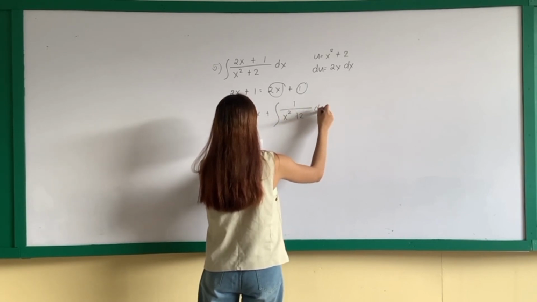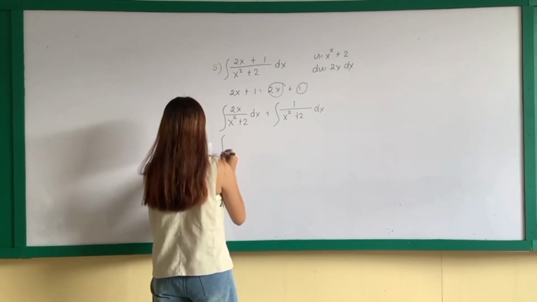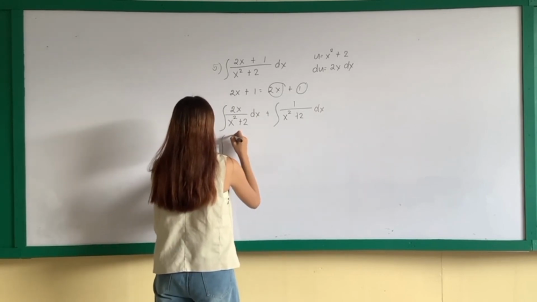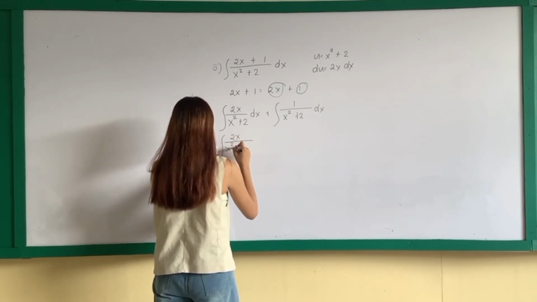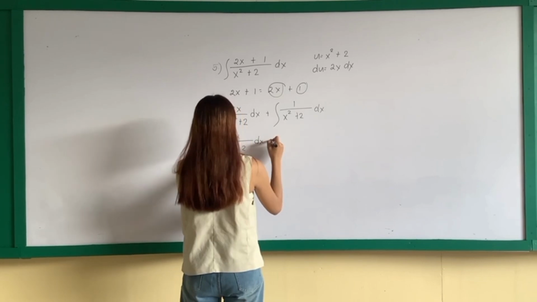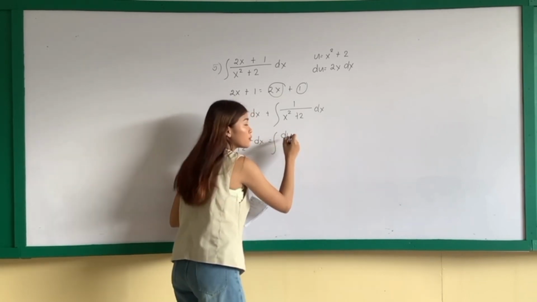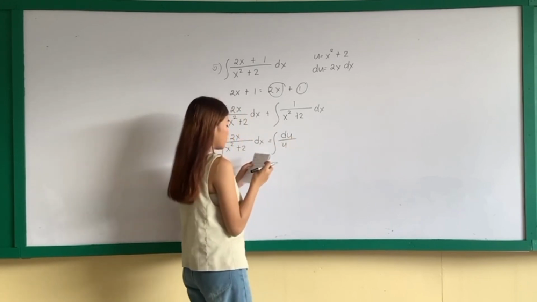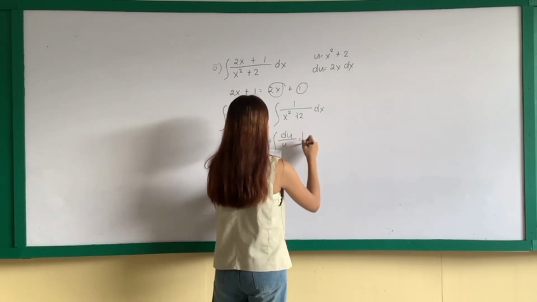And let's integrate our first term, which is the integral of 2x over x squared plus 2. So it is equal to the integral of du over u equals ln the absolute value of u.